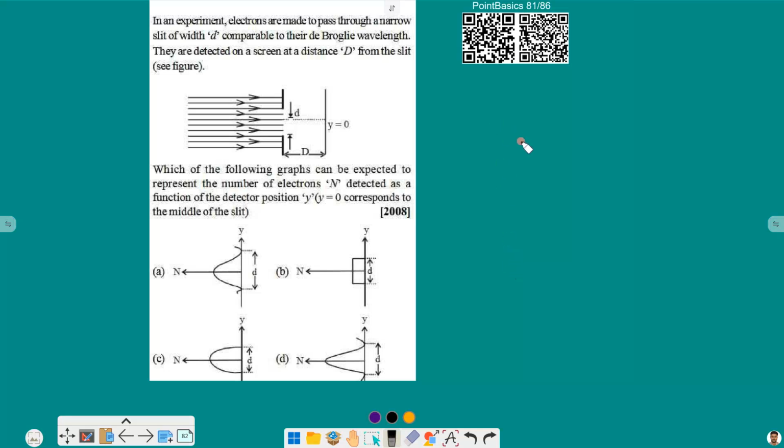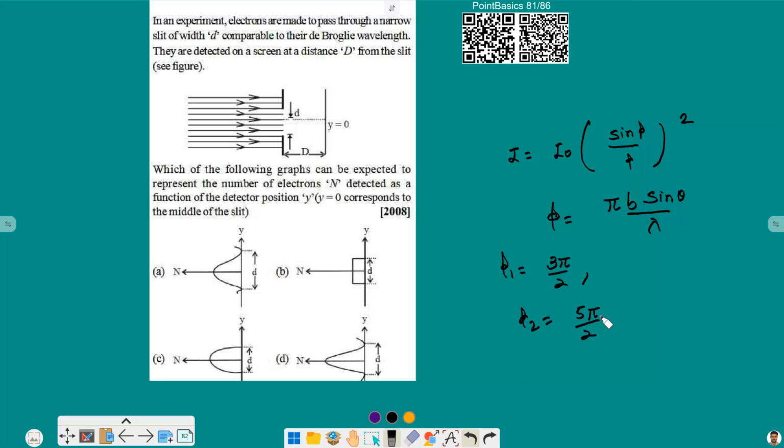We know that for diffraction, intensity varies like this: I equals I naught times (sin phi divided by phi) whole square, and here the exact value of phi is pi b sin theta by lambda. Normally for the first maxima we take it 3 pi by 2, then for the secondary we take it 5 pi by 2, and maximum intensity is carried in the central maxima.